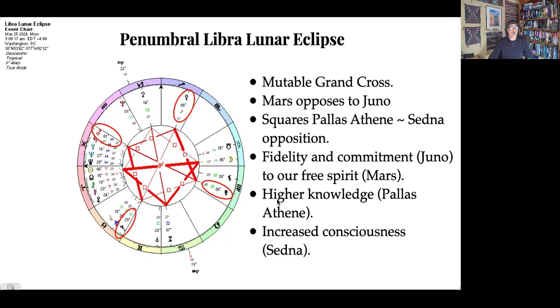It can all be released through working with higher knowledge, working with our intuition, working with our independence and our pioneering spirit, and being faithful and committed to what's really important to us, Venus, our priorities and our values, to actually access higher consciousness that Sedna holds. All of this is embedded in these eclipses.